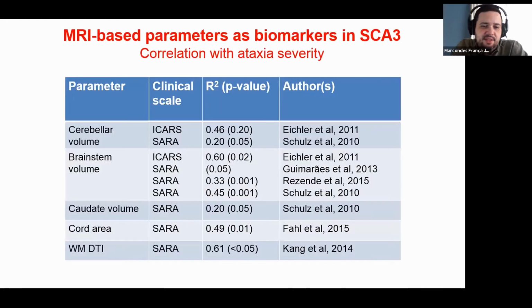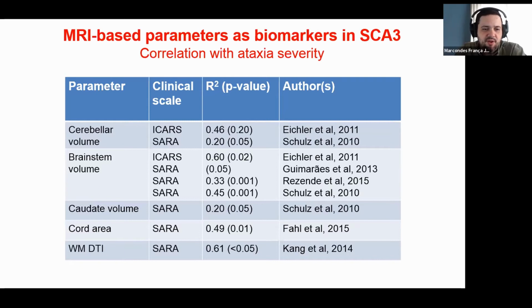And it's interesting that when we try to sum up all the results and look at the potential correlations of imaging markers against clinical scales, you can see that several of these parameters have shown relevant correlations with clinical scales.